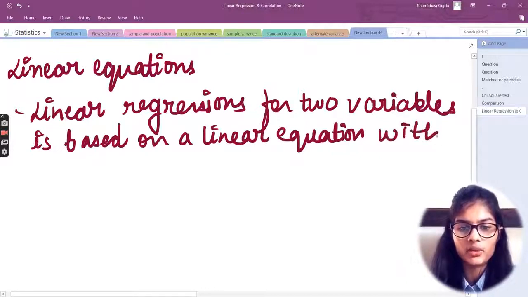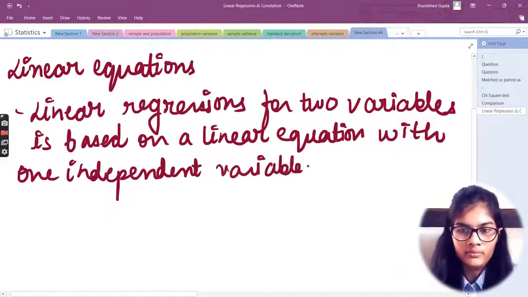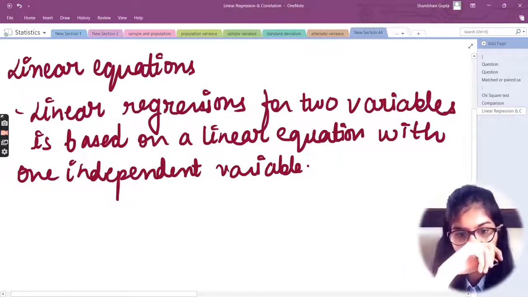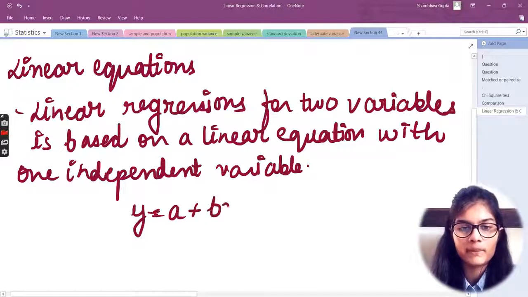It's based on a linear equation with one independent variable. The form of the linear equation is y equals a plus bx.